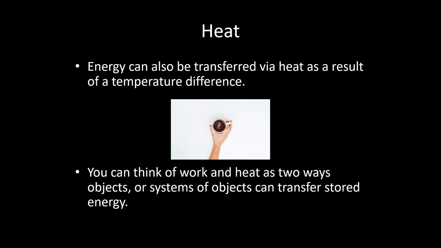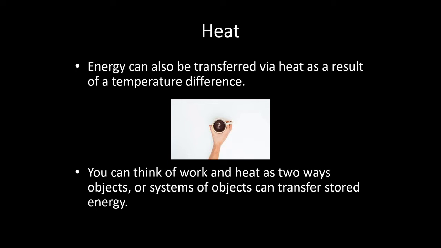So we discussed in the last video that heat is one form of energy, and it's associated with the temperature of an object. More specifically, what we're looking at when we're discussing heat is when we have energy being transferred as a result of a temperature difference.